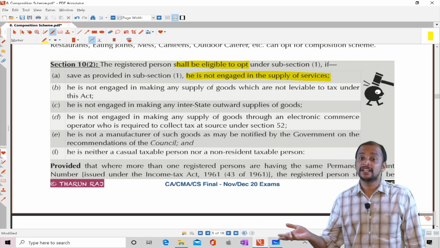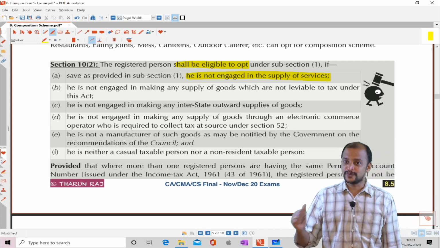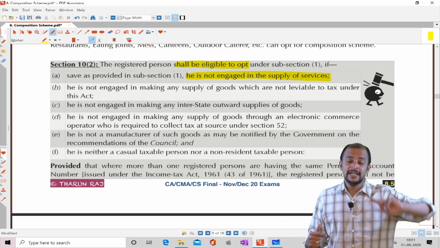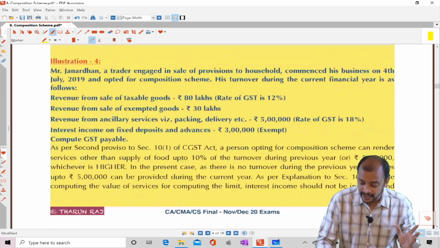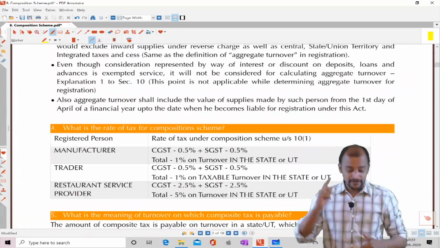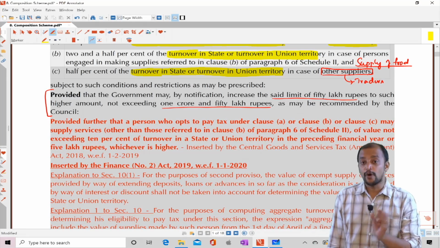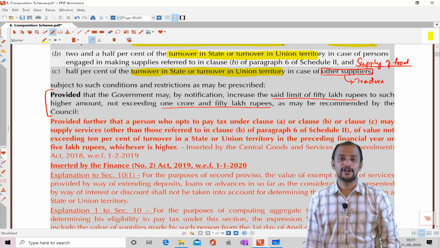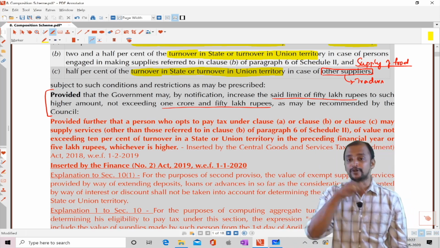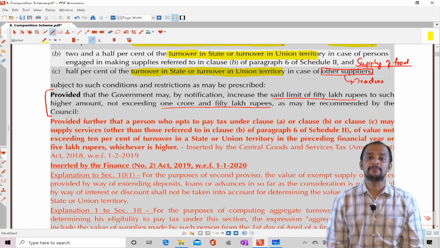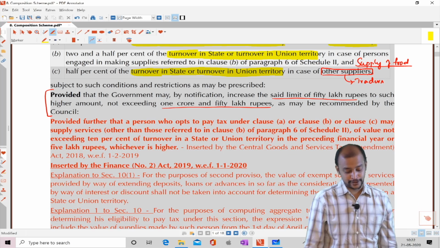So whatever is provided in subsection 1, those services they can provide, but otherwise they cannot, which means on interpretation of 10 subsection 1 and 10 subsection 2, when we use the word any other supplier, what does it mean? Any other supplier means only a trader. Because which service is allowed under 10 subsection 1? Only supply of food, or up to a particular limit you can render some other services. What is that limit? How to calculate that limit? Again, look into that second proviso.